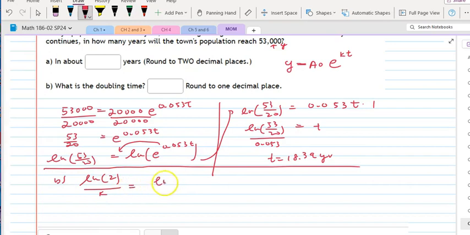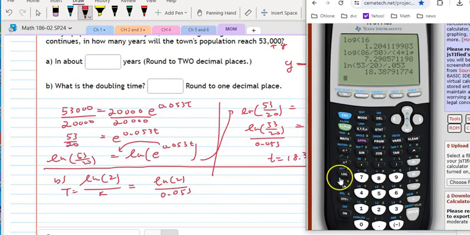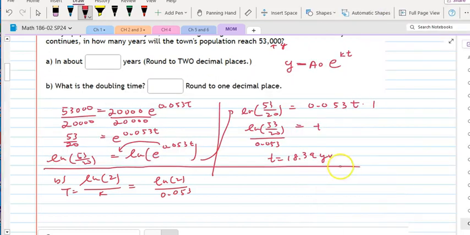Doubling time t equals ln 2 over k, and k is 0.053. ln 2 divided by 0.053 is 13.1.